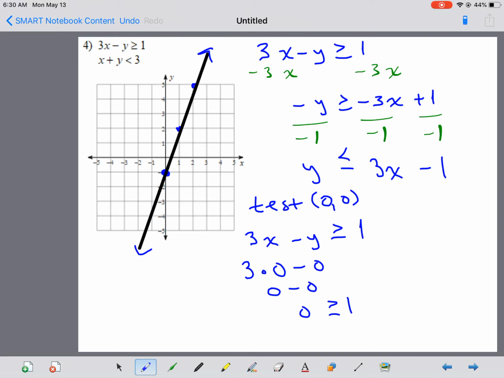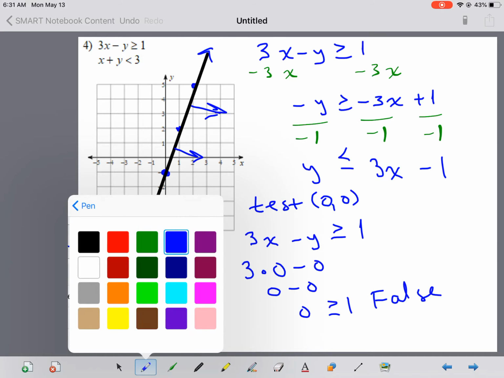Well, that is false because 0 is not bigger than 1. So what that means is we have to shade on the side that 0, 0 is not on. So we will be shading to the right of this line because 0, 0 didn't work.